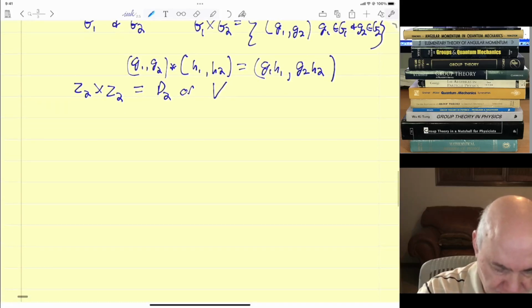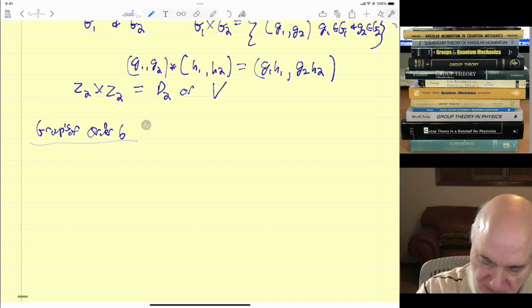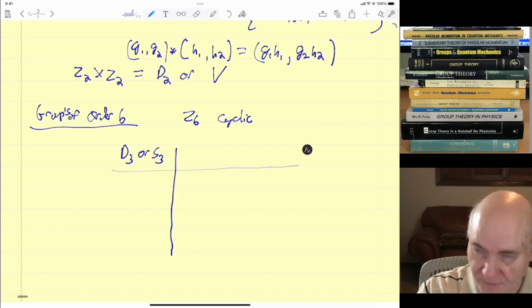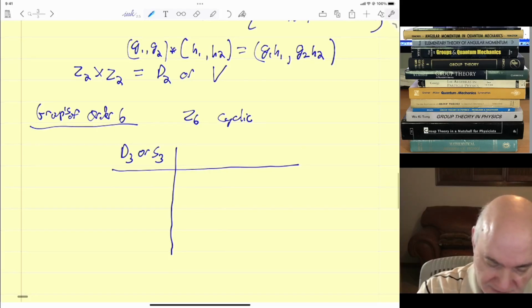Now, let me do the groups of order 6. So as usual, there's a cyclic group. But then there's another group, which is called D3. And it also has another name, S3. And I'll explain that in a second. This is the last multiplication table, as Ramon says in his book, that he's doing, because they get pretty big.